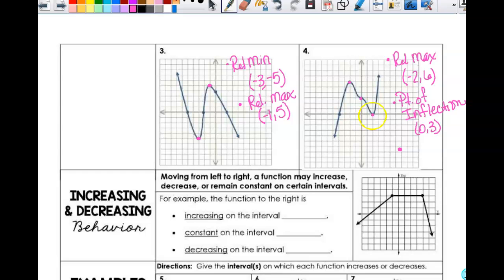And then this point would be a what? Relative minimum. And that is at (2, 0). What questions do you have? Anything?